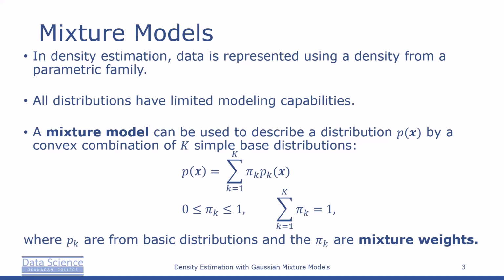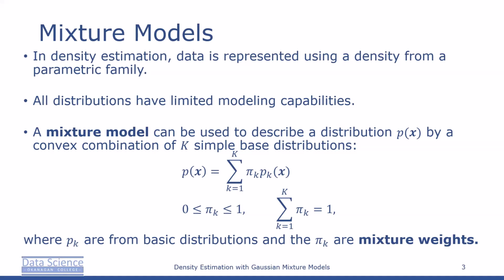Mixture models can be used to describe a distribution p(x) by a convex combination of K simple distributions. This is of the form p(x) equals the sum of π_k p_k(x), with components p_k that are members of a family of a basic distribution, like a Gaussian or Bernoulli, and the π_k's are the mixture weights.